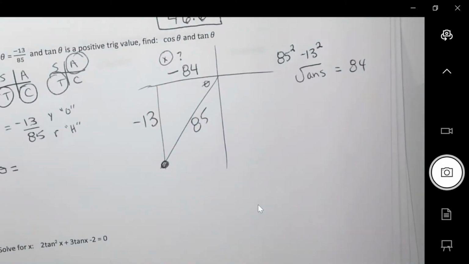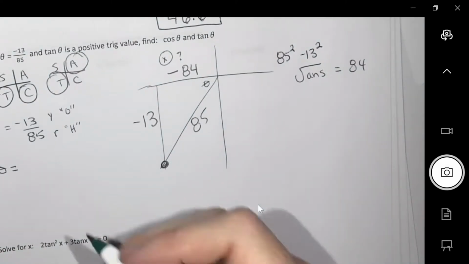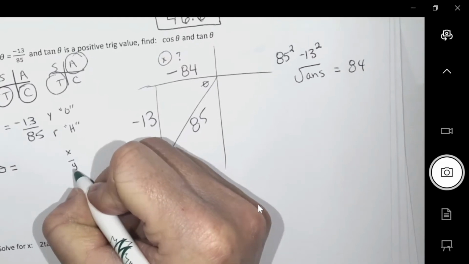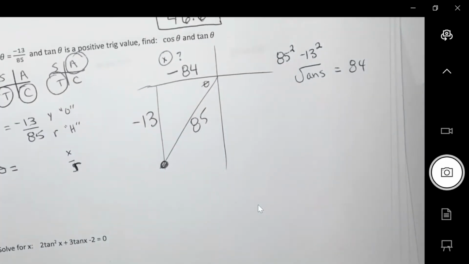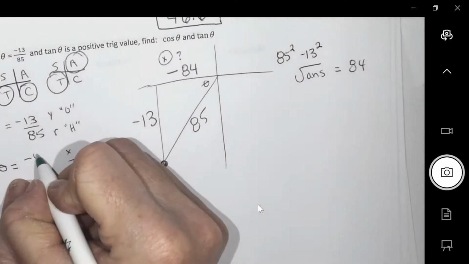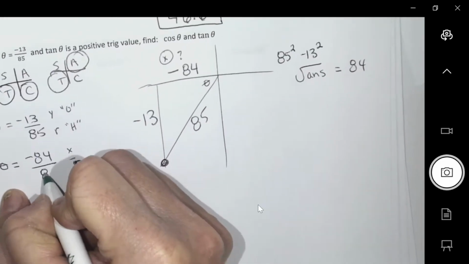Okay, the cos of the angle. So now I can go according to my formula sheet. On my formula sheet, I see an x over an r, so x divided by r.